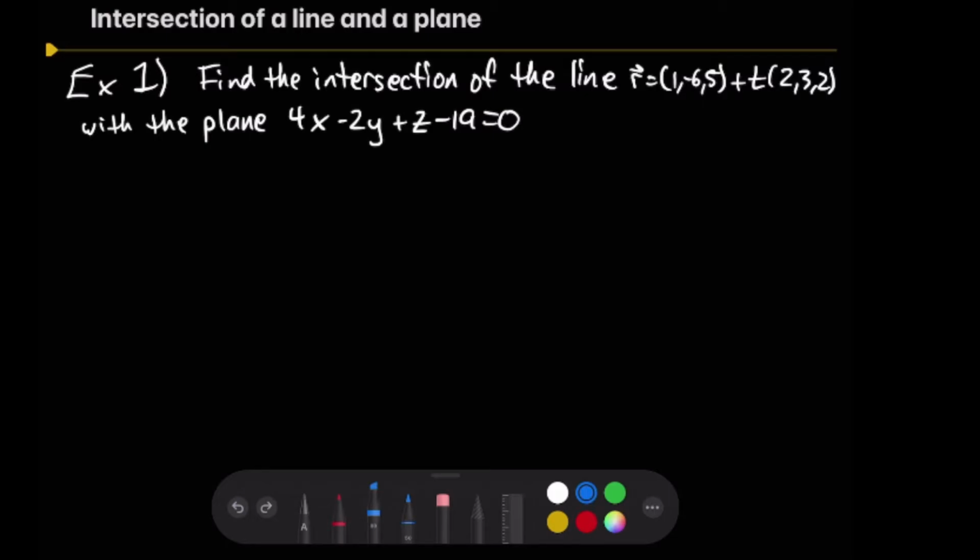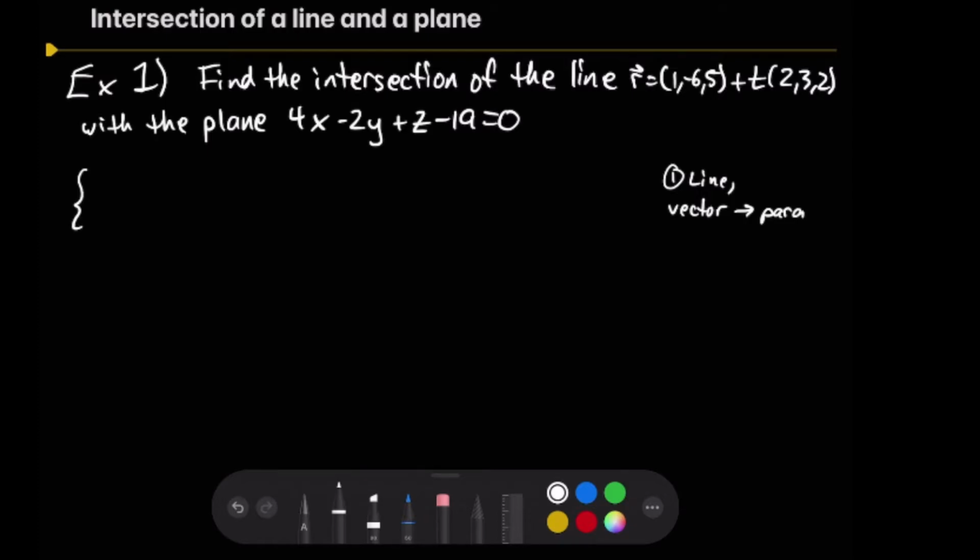So the first thing we're going to do is we're going to take the vector form of our line. So for a line, we're going to go from vector form of our equation to parametric. So let's take a look at each of those components.